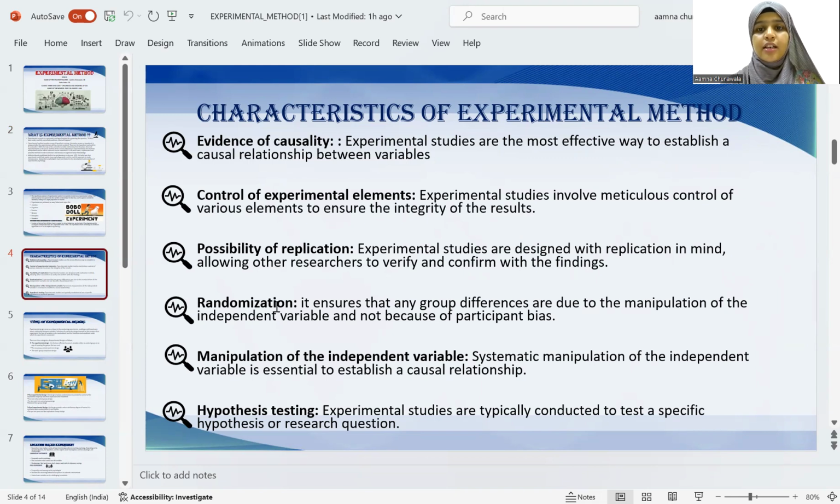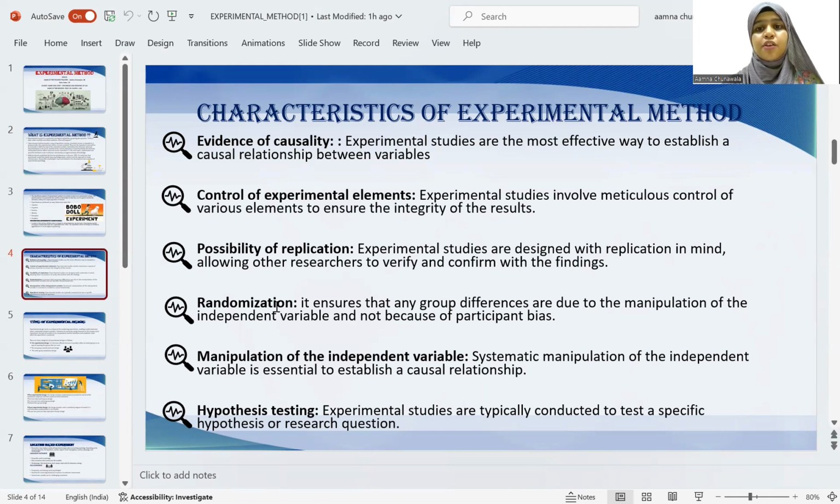By isolating the independent variable and controlling the confounding variables, experiments can minimize alternative explanations for observed changes in the dependent variable, which allows researchers to conclude with greater certainty that the change in the independent variable actually caused the change in the dependent variable.